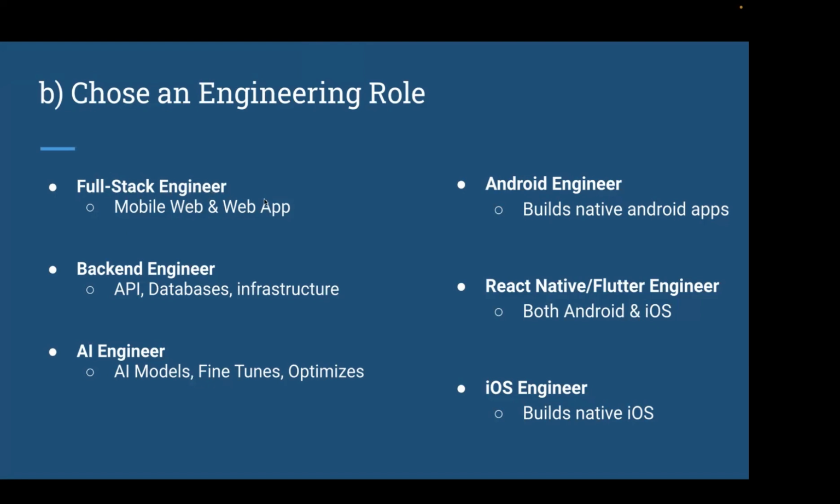A full stack engineer means they're specialized in the front end and the back end. If you are building something very intensive that's backend heavy and doesn't have a lot of UI in it, let's say a biotechnology company, then you need a backend engineer.